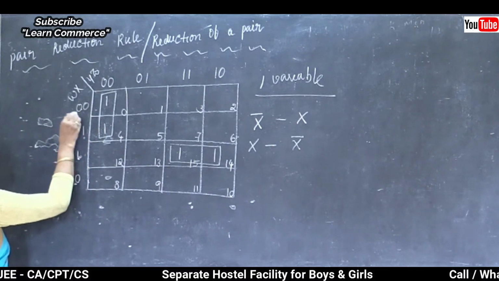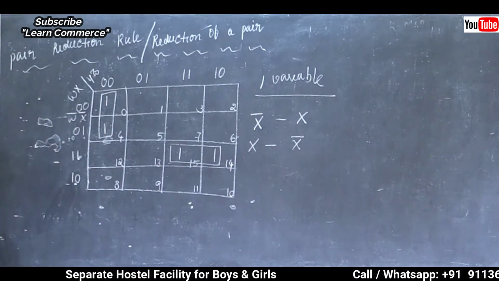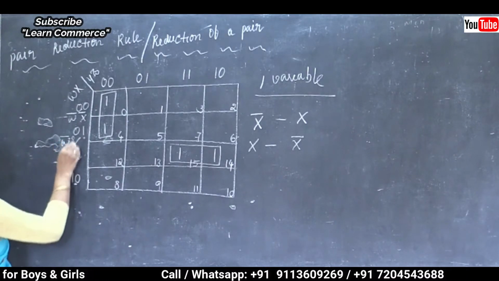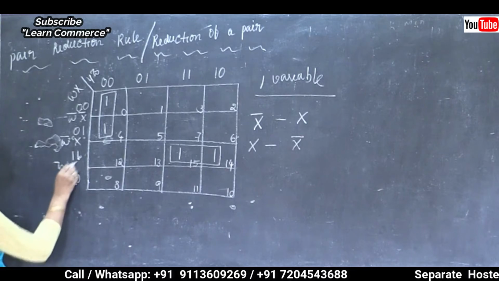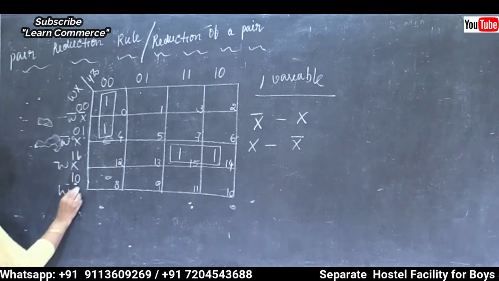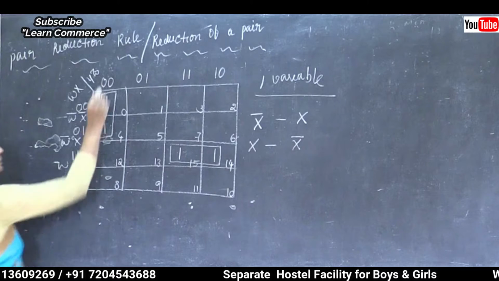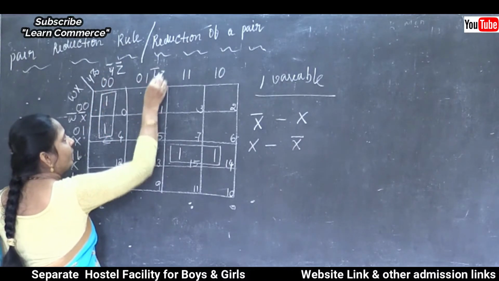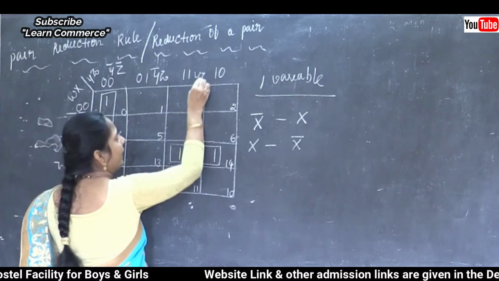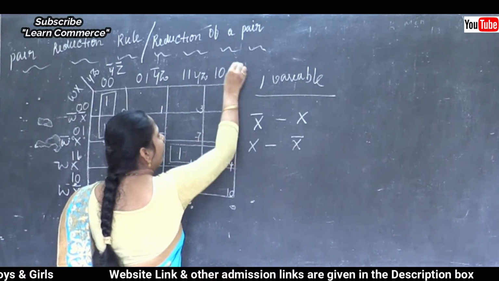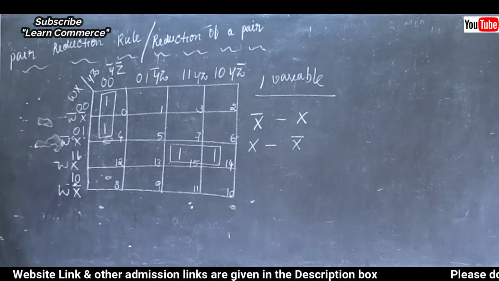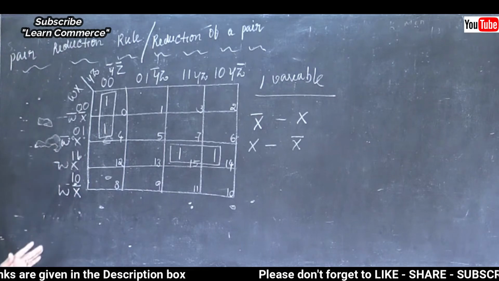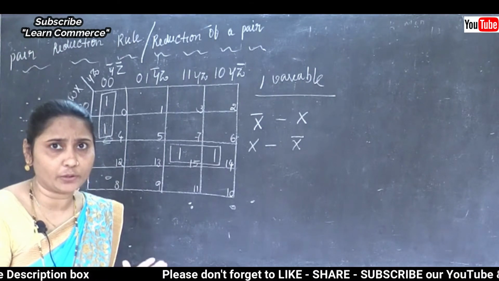Wherever the value is 0, we use the complement: complement W complement X, complement W X, W X, W complement X. Similarly complement Y complement Z, complement Y Z, Y Z, Y complement Z. In this manner we complete it, for the left side as well as the top side.